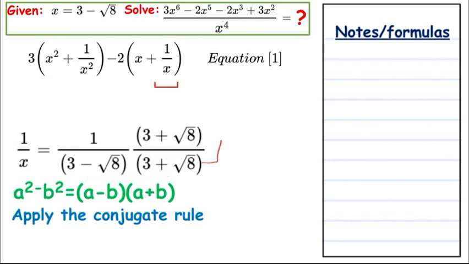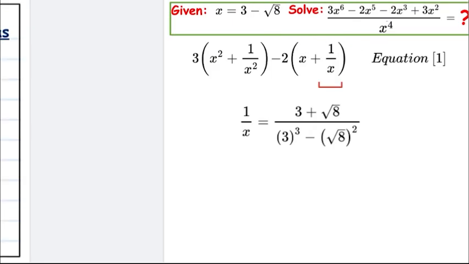Then we're going to double up to keep it balanced and multiply out. So the result below will give a term without the radical, as we're going to square the square root of 8, and it's going to become rational. So let's apply this.